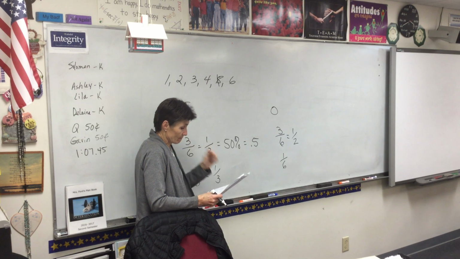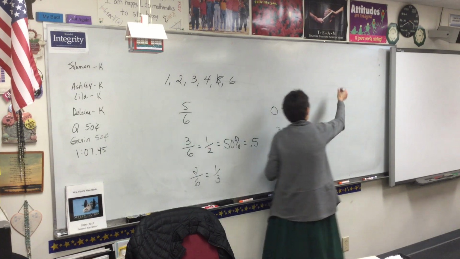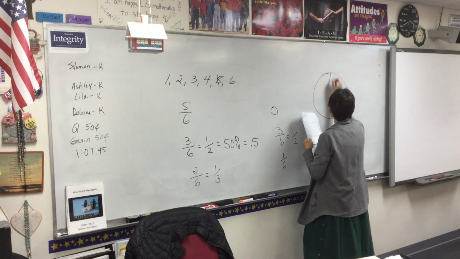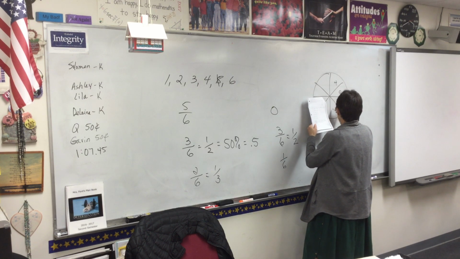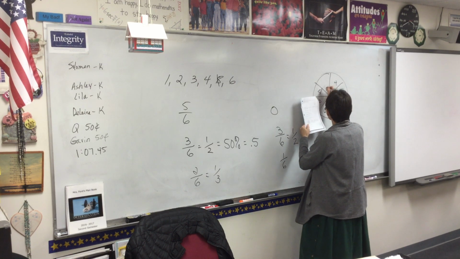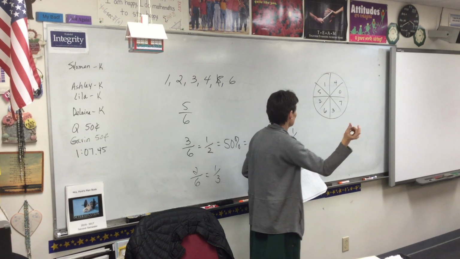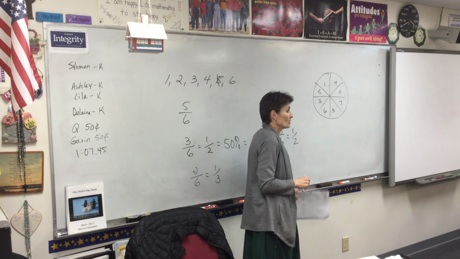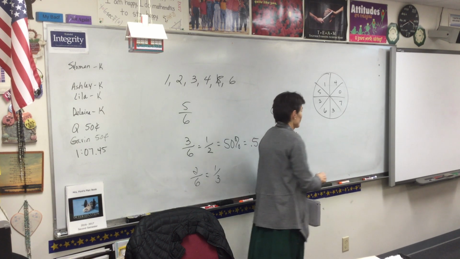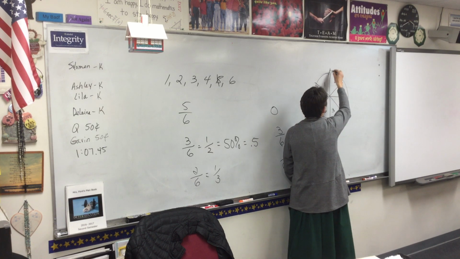All right, now we have a dartboard. We're gonna throw a dart at the dartboard. Here are the numbers on the dartboard. And we want to find the probability of throwing a dart and getting a number bigger than 1. How many of these numbers? I'm going to start right here.